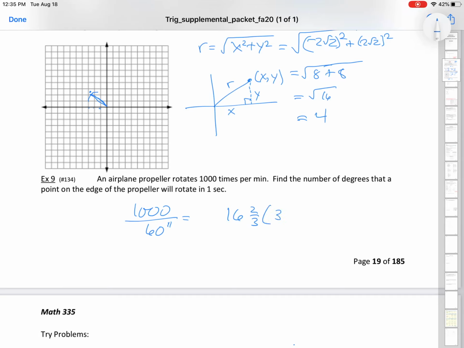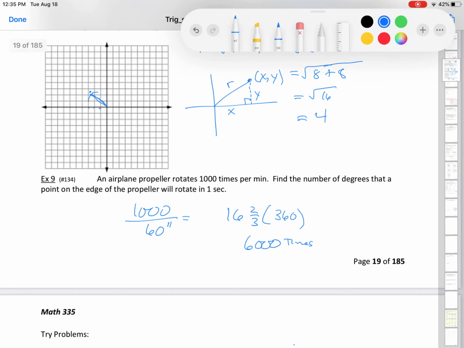So we're just going to take that times 360 and see what happens there. So we got 16 and 2/3 times 360, and if we do that, we'll come out really quickly that it rotates 6,000 degrees. Apologize, it's rotating 16 and 2/3 full rotations throughout there.